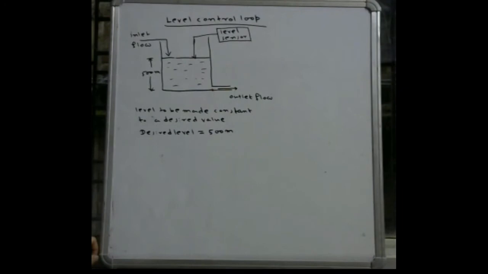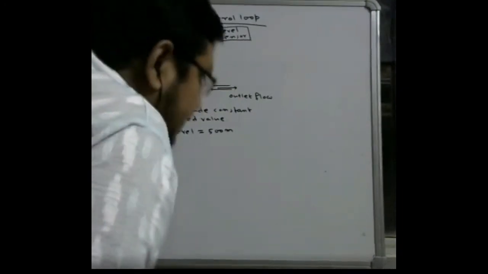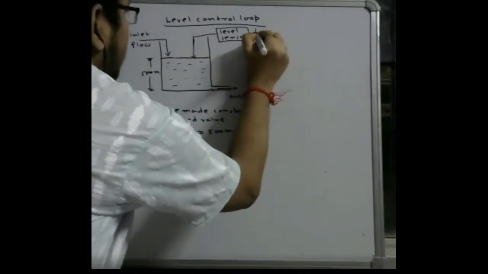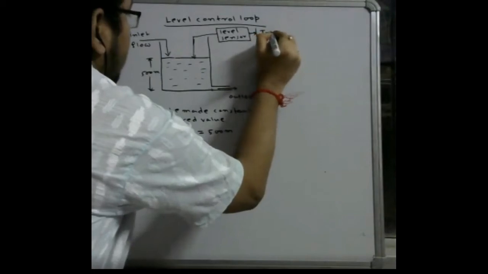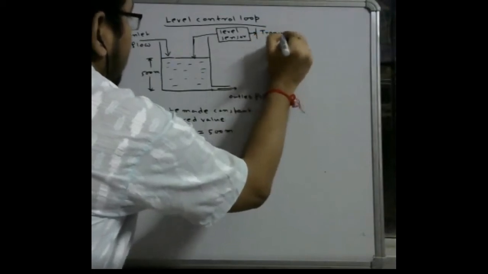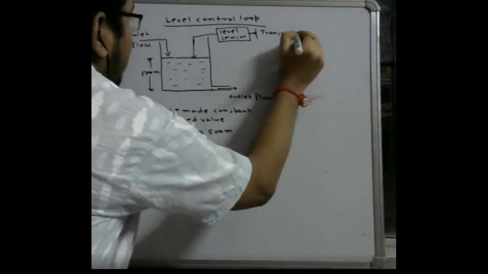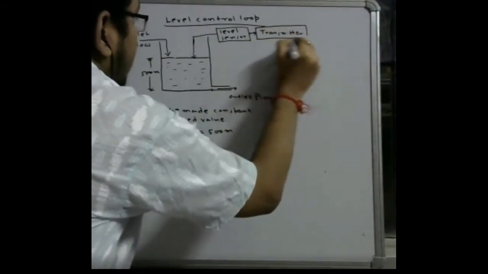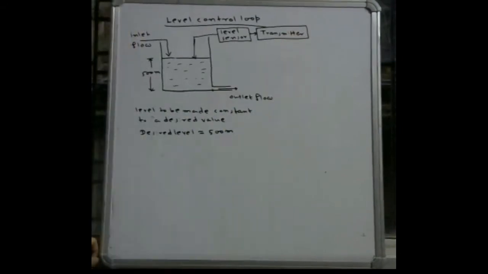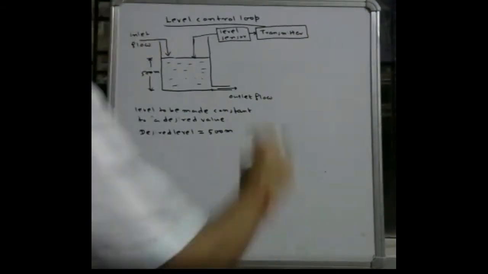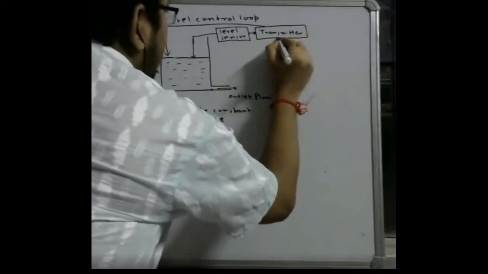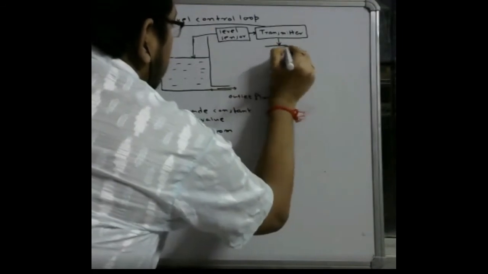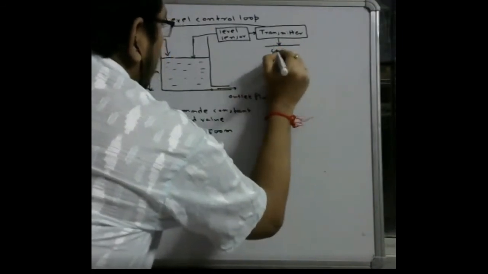Now the output of this sensor will be delivered to the transmitter, and the output of this transmitter will be supplied to the controller.